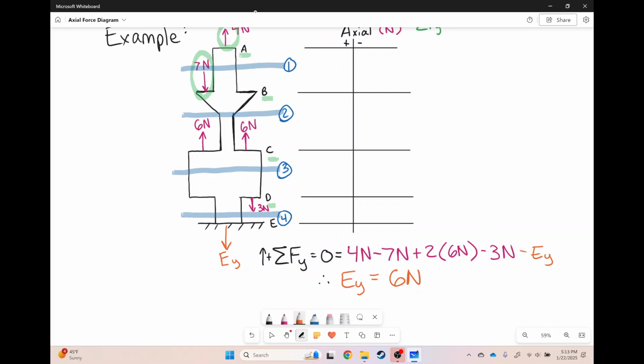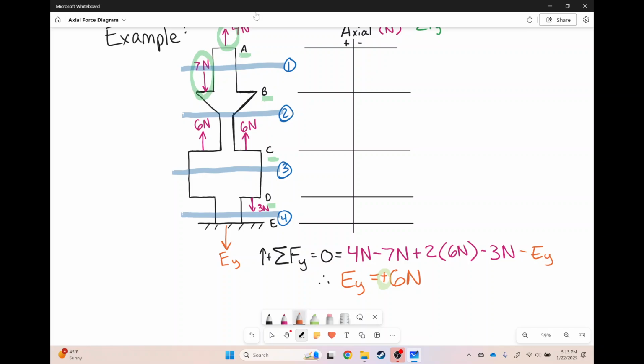Now, fun fact, I drew it down, and this became a positive number. What this means is that this positive sign means that the direction that the arrow is currently drawn in is correct.